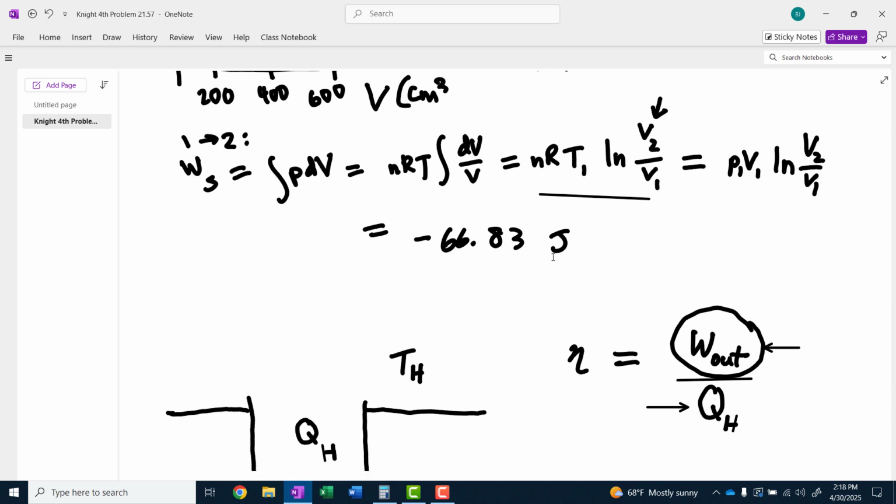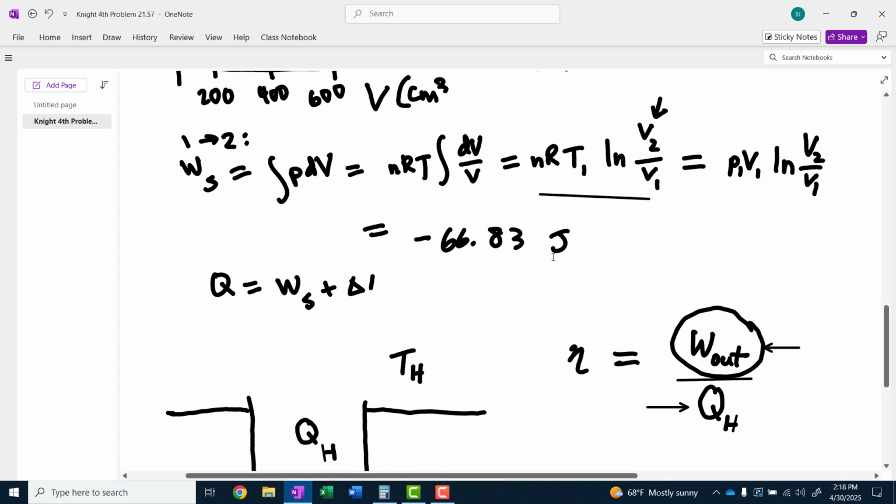So for Q, let's recognize the following. When you let heat flow into a gas, it can either allow the gas to do work, or it can change the gas's thermal energy. This is the version of the first law that's most useful for this chapter on heat engines.